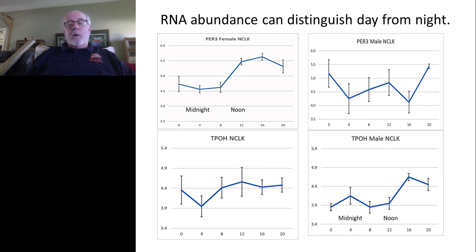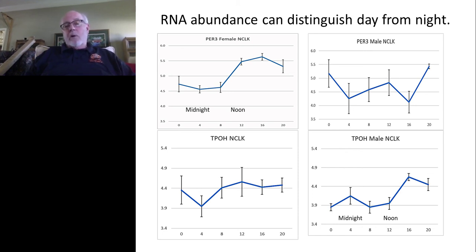And the data for Cq values from noon to the evening on the right side of that curve are significantly different from the Cq values on the left side of that panel. So it would be possible, using this marker in a female blood stain, to distinguish whether that blood stain was created in the afternoon, in the evening, or early morning.